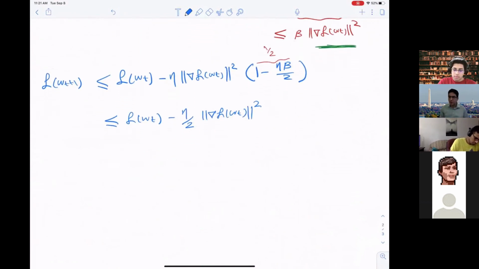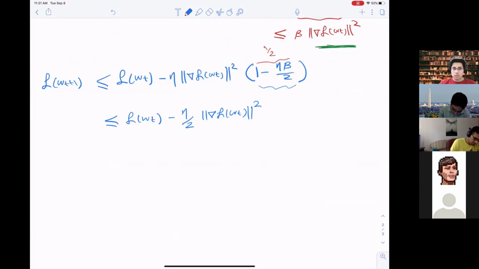Okay, so I hope that all of you immediately see what is going on. Why do I need a PL assumption? So far I basically used Taylor's expansion. I used the beta smoothness to have a bound, and I used the sufficiently small learning rate in order to bound this with a constant number, let's say half.